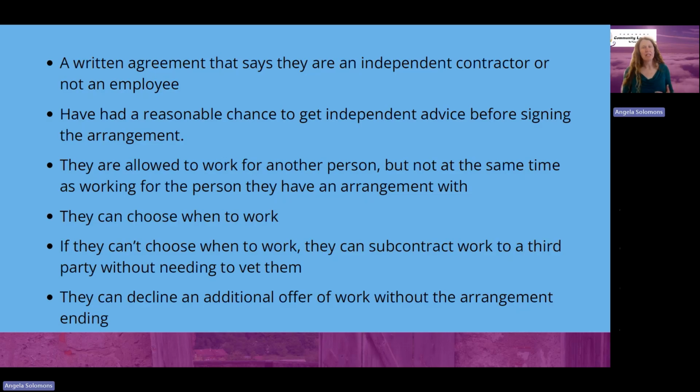There aren't that many roles in which you could check off all of these criteria, where you wouldn't also meet the test, probably, under the common law one. So it's a much narrower gateway than people might have anticipated this law would be. But we do have to wait and see how the courts interpret some of these, because there will be some challenges around that side of it.